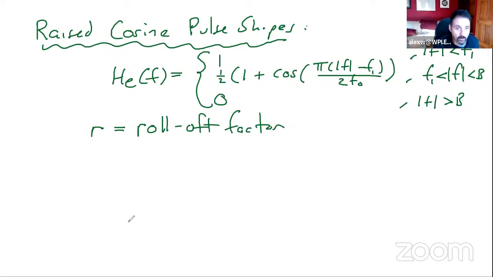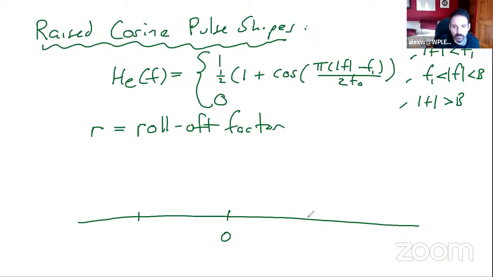We can shape our cosine pulse shape, right? So we have 0. Very importantly, I'm going to highlight F naught here. Okay, and that's our 6 dB bandwidth. And then we can vary the amount of absolute bandwidth B by the roll-off factor, right?